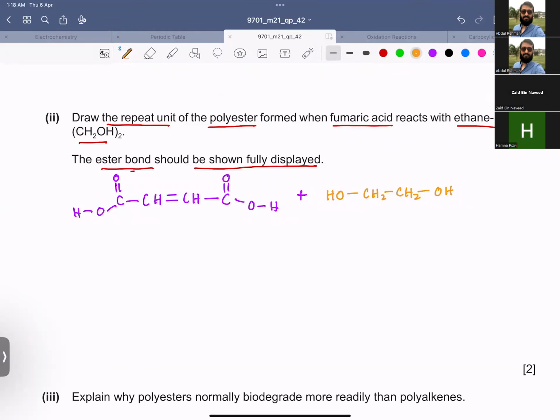So when carboxylic acid and alcohol react, what would happen? The OH from the carboxylic acid is removed and the H from the alcohol is removed to form water.